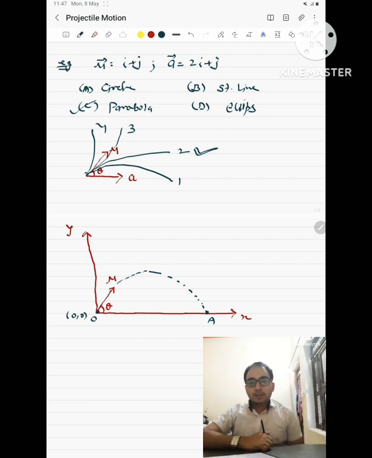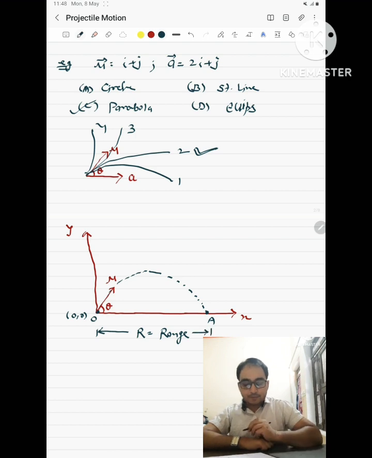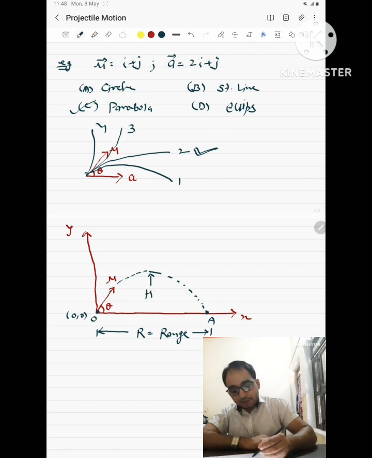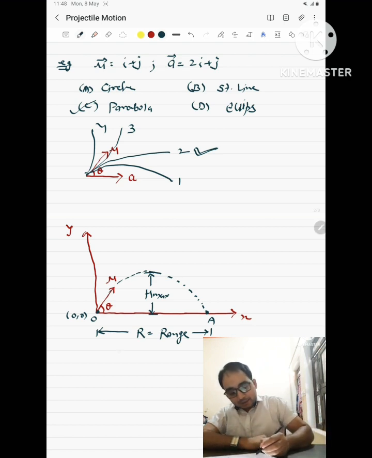So in this condition we have to calculate different things. One is how much distance it will travel in the x direction, that is known as the range of the projectile. Second, what will be the maximum height gained by the particle, and the third is the total time of flight.